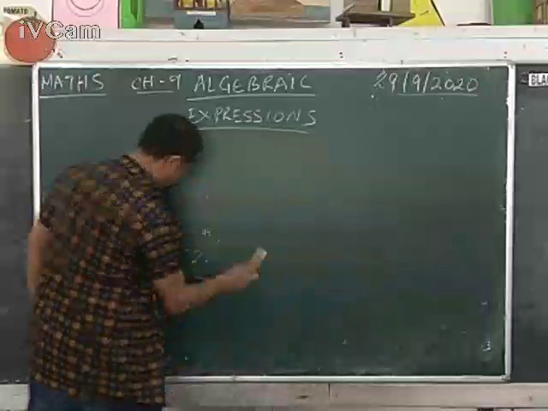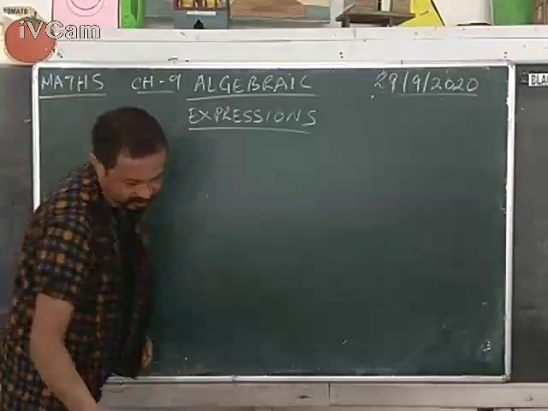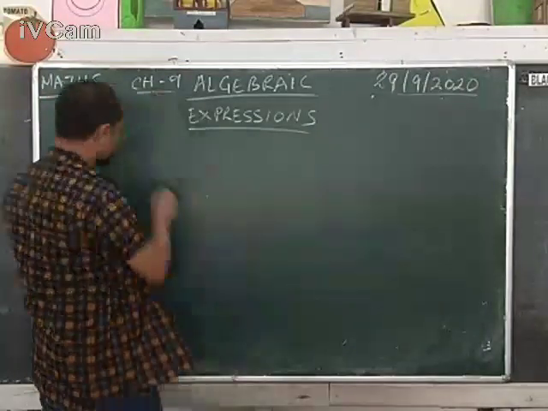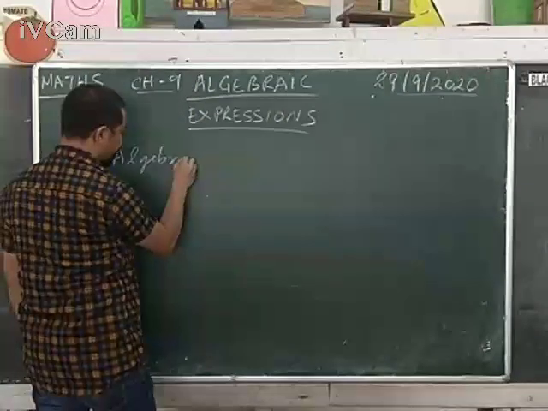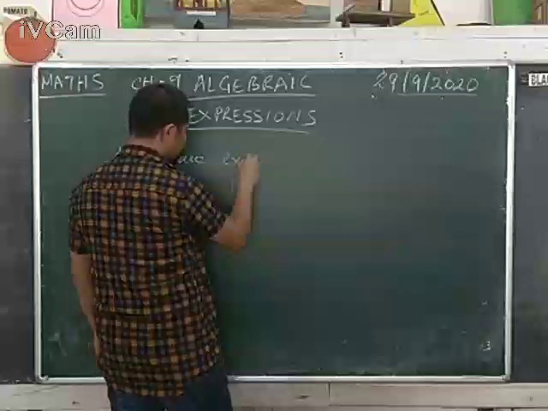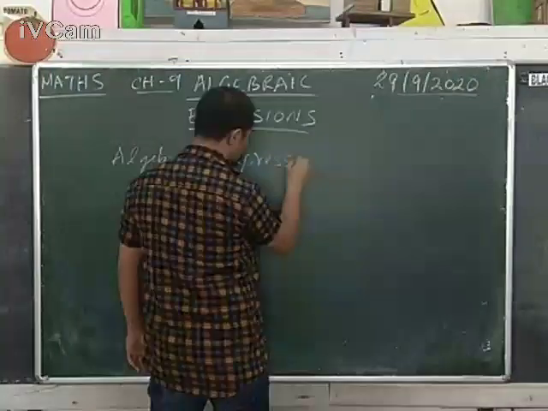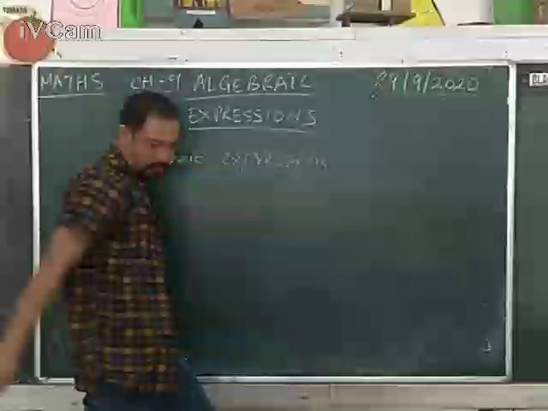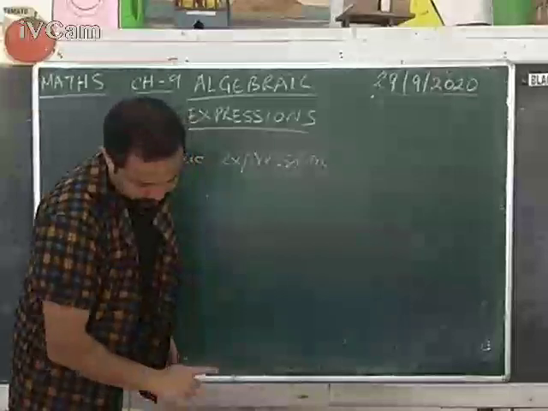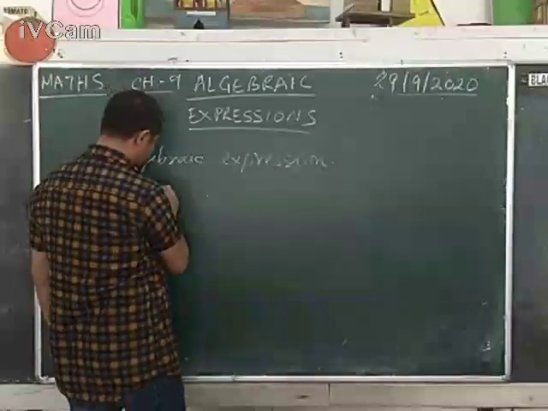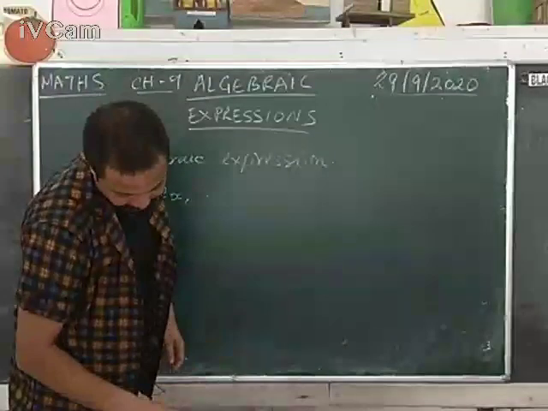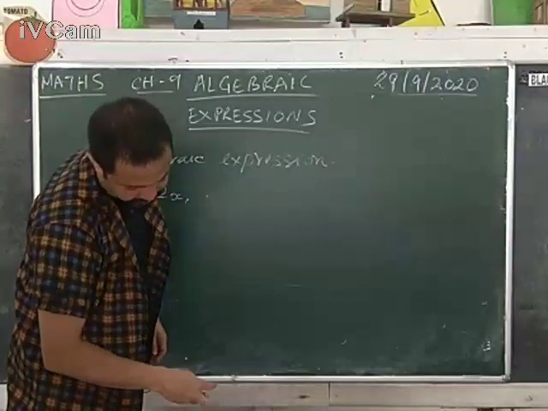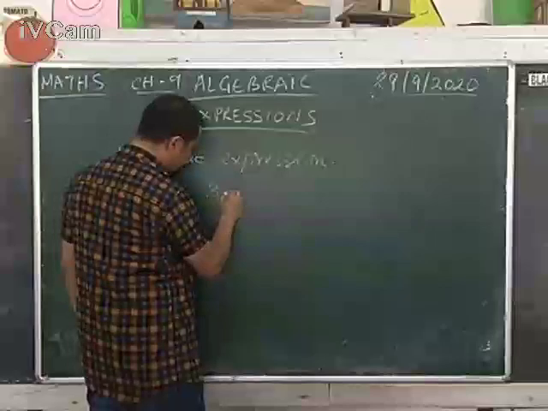Right? Now, what is an algebraic expression? The topic itself in the book. Okay, the examples given in the book are 2x, 3a upon 5.